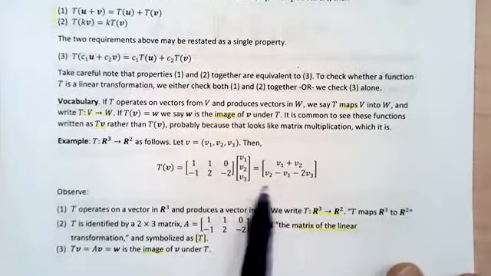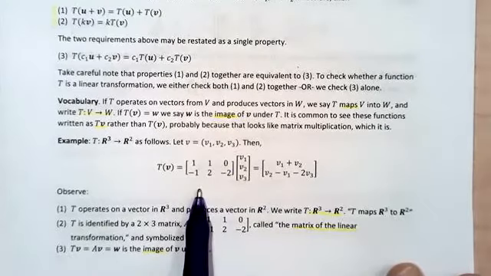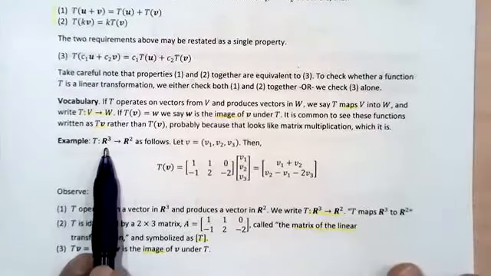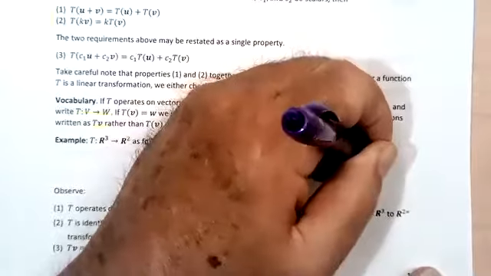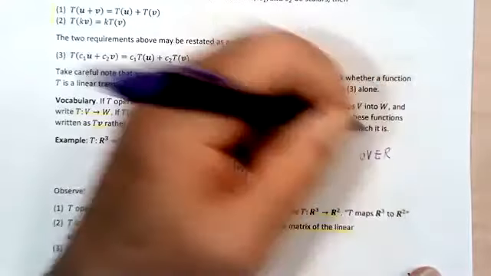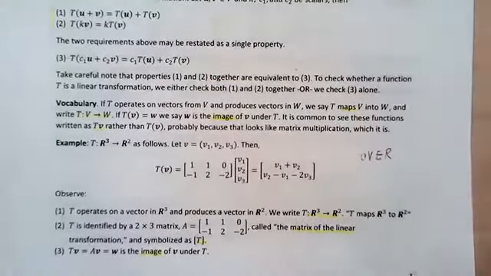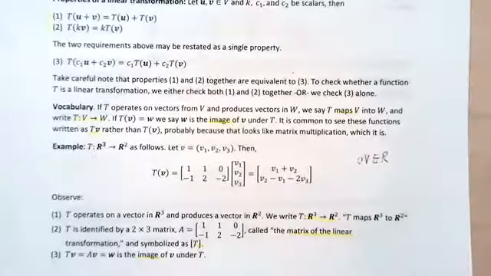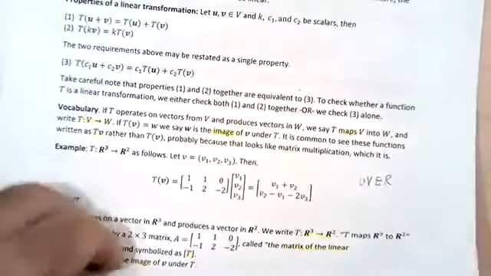So this is a perfectly good recipe for a linear transformation that takes a vector in R3 and produces one in R2. Now, just so that this isn't overly abstract, I'll give you an example. What do we have here? 1, 1, 0, minus 1, 2, minus 2.